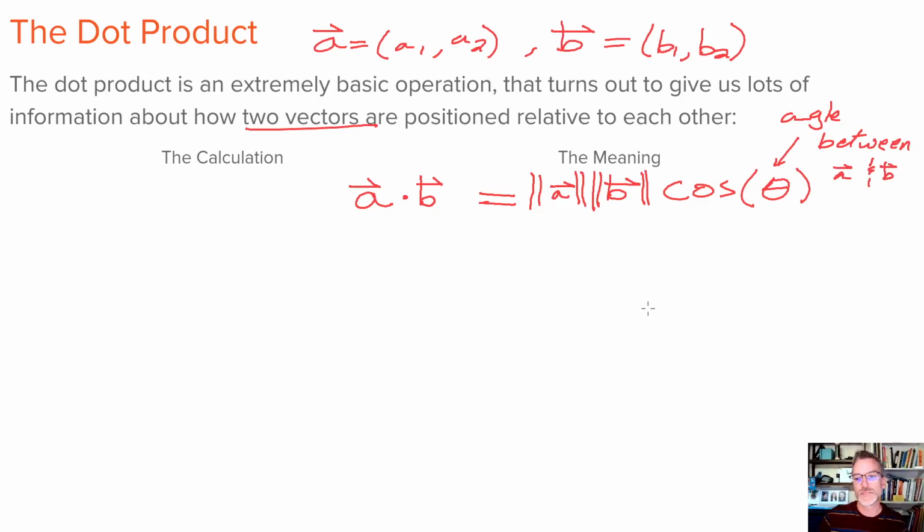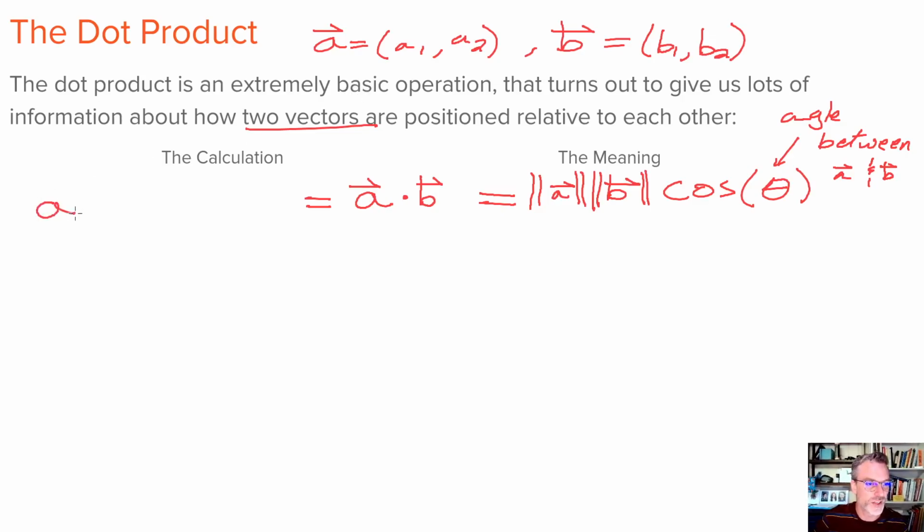Okay. So that looks pretty complicated, but it is one way we can come up with the angle between any two vectors. It doesn't matter their position. But how to calculate them is not at all apparent on the right-hand side. It turns out this is an extremely easy calculation to perform, which makes the dot product a very useful thing to do.